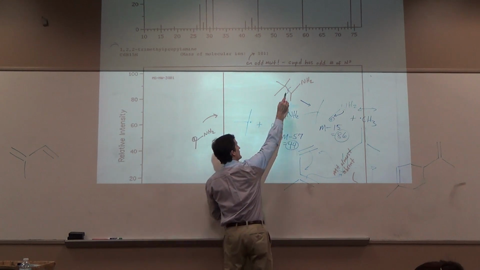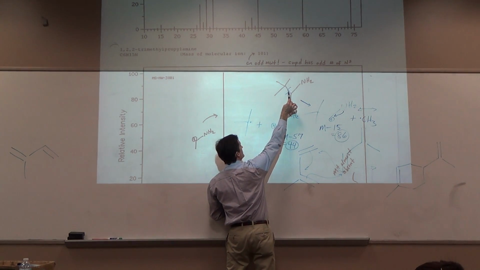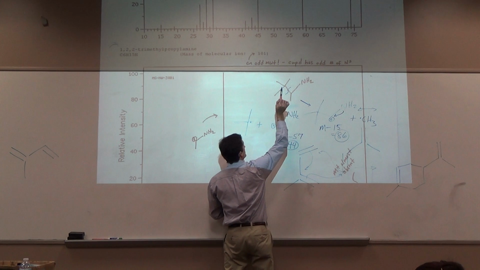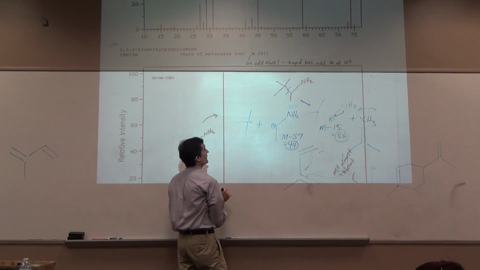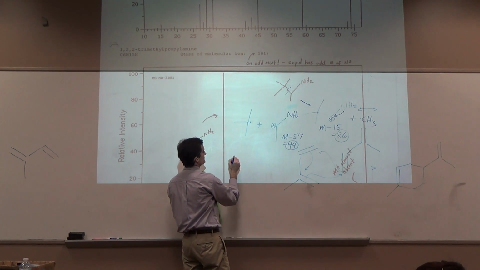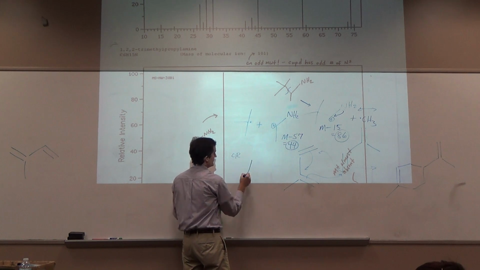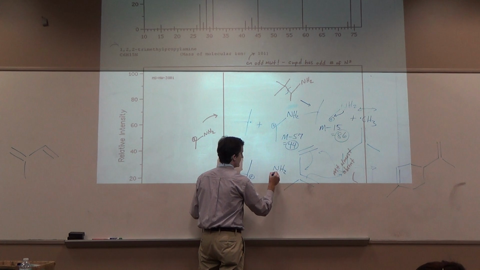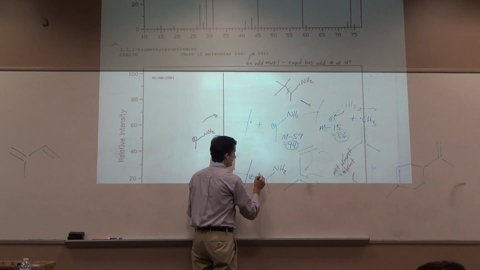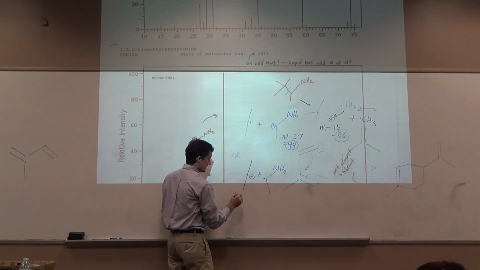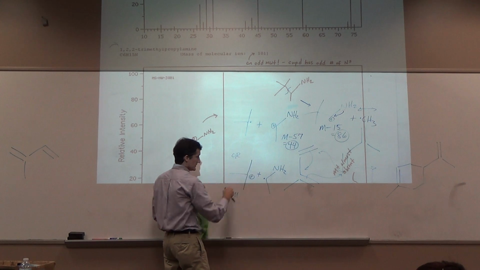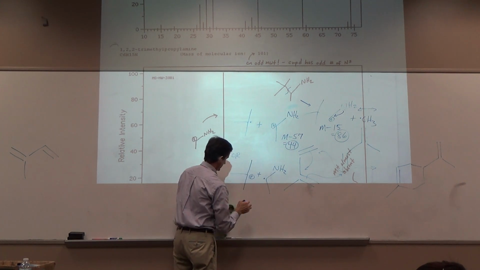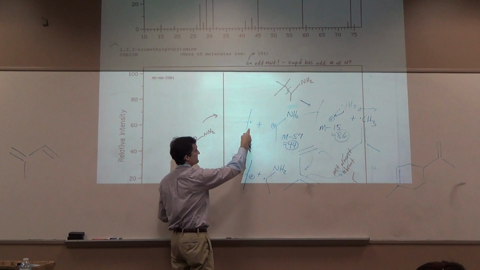We can also cleave here. Could you envision cleaving here, and instead of putting the radical here, put the cation here? Yeah, you can also envision putting the cation here and the radical over here. It's probably easier not to do M. It's probably easier just to say, well, that's the same mass as that.